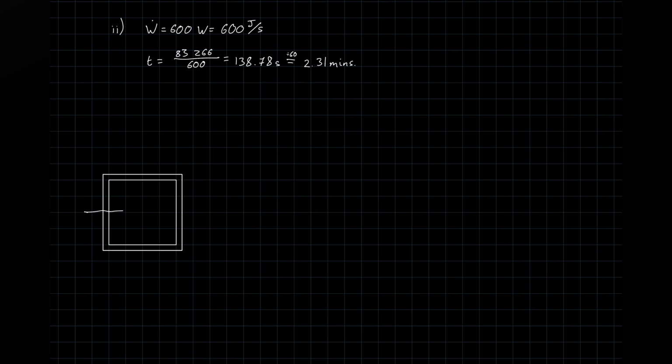And we've got a shaft into here. And this shaft seems to have a power rating of 10 watts. So let's say work flow shaft is 10 watts. The time it's running is 30 minutes.